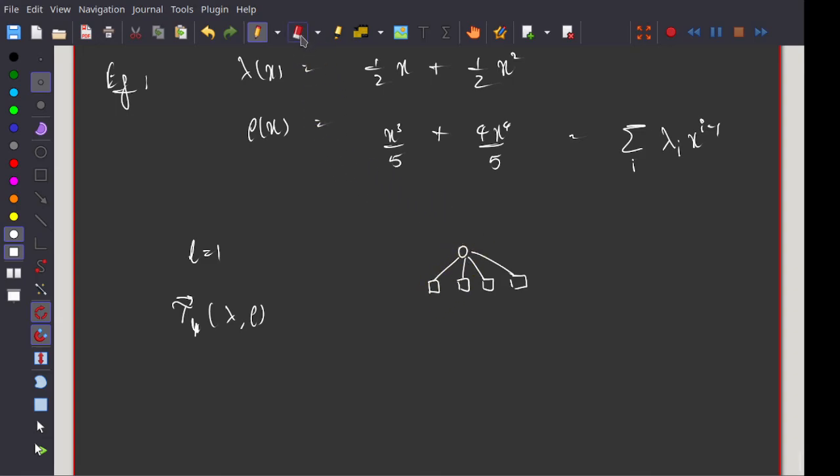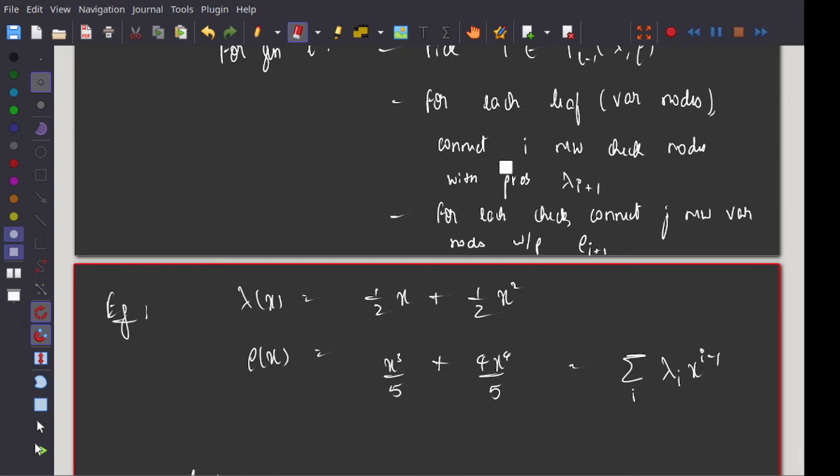I'm sorry. I think here this is x power i minus 1. So basically, I'm going to pick either 2 neighbors or 3 neighbors because it's i minus 1. I should be picking i neighbors with probability lambda i plus 1.